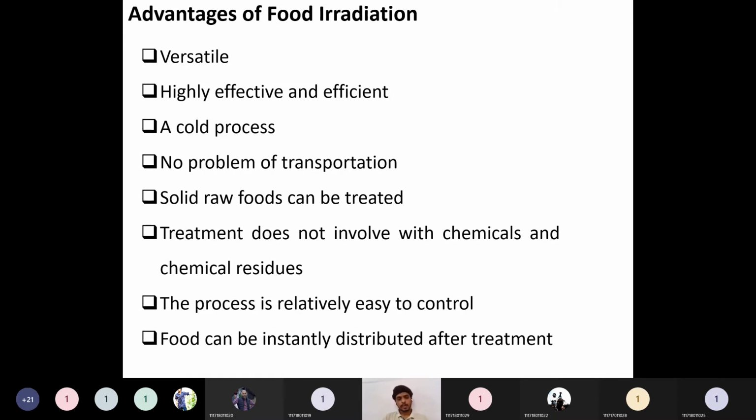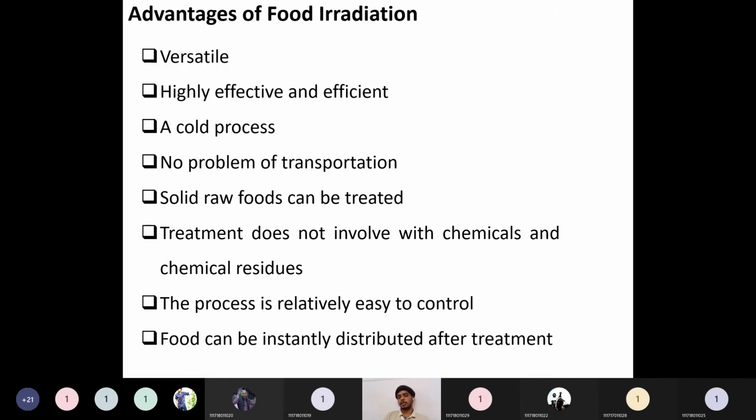After packing also we can fumigate and apply irradiation on that. So there is no problem of adverse transportation. Then solid raw food can be treated. Any type of solid raw food can be treated, like meat. We can treat pork or chicken, everything we can treat.